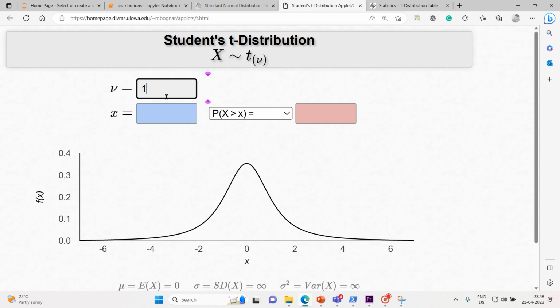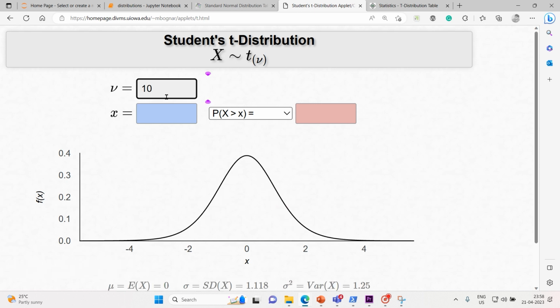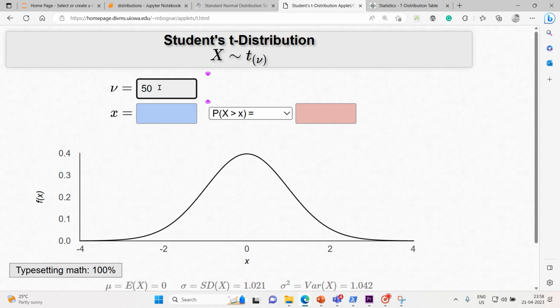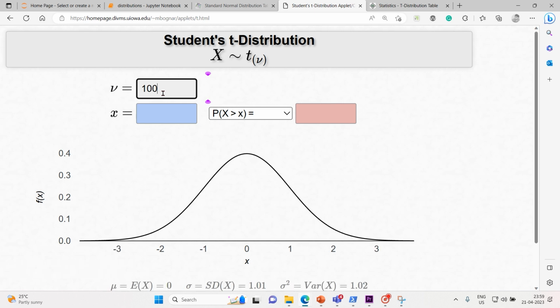Let me put it to 10. So it's becoming better. And let me bring it up to 50. So it's becoming even better. If I increase that, it's becoming better.